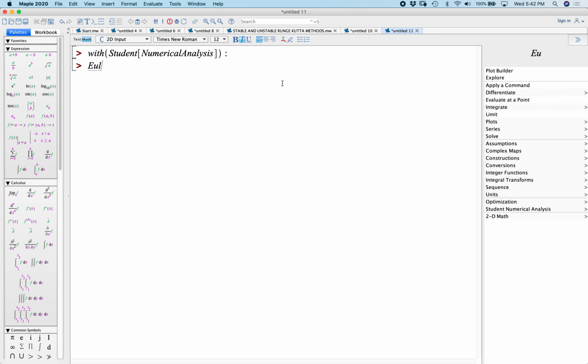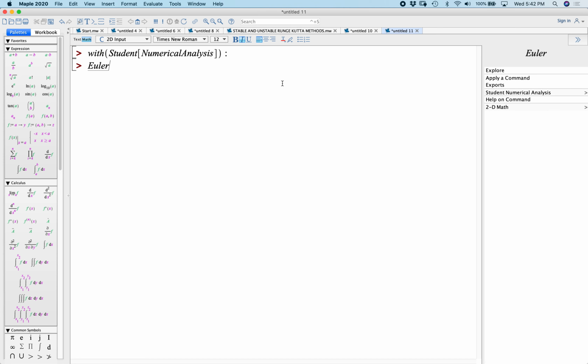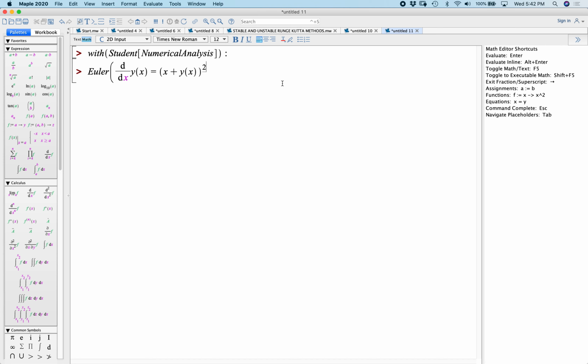With the Euler approach, I have this equation, y(3) equal to 1, and we're trying to find out what it is when x is equal to 5.